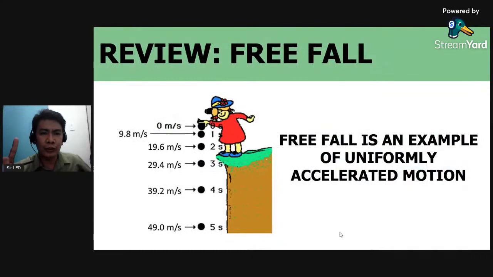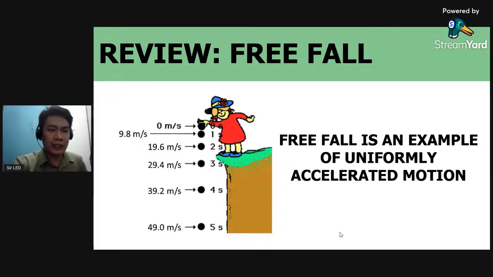Last week, we also discussed about free fall, and free fall is an example of a uniformly accelerated motion because all objects, class, regardless of mass, will fall at the same rate of negative 9.8 meters per second squared, just like what you see in this particular picture, that for every second, the speed of the object is increasing at 9.8 meters per second.